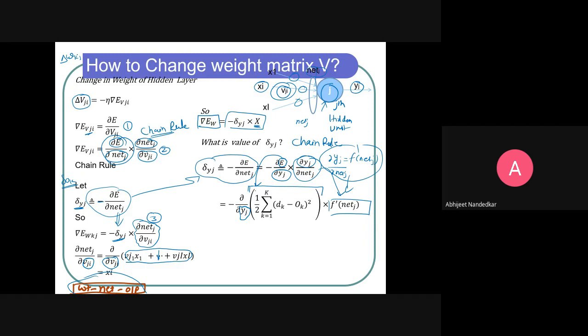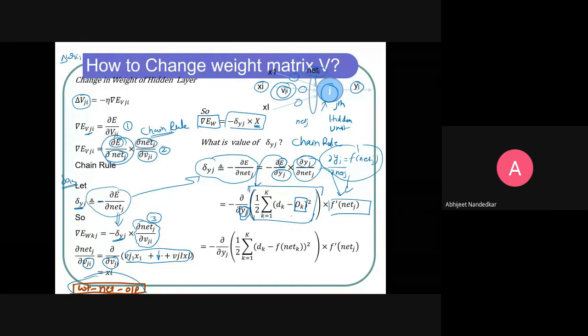The only thing is we need to calculate this partial differentiation. As such, you may not find a relation between yj and this quantity, but there is a relation. What is that relation? For that, I will substitute the output of the last, kth neuron as f of net k.